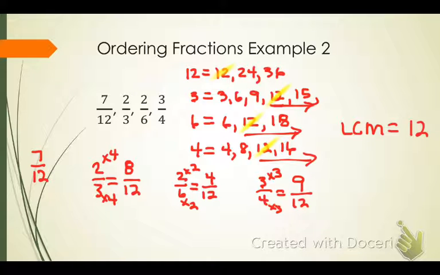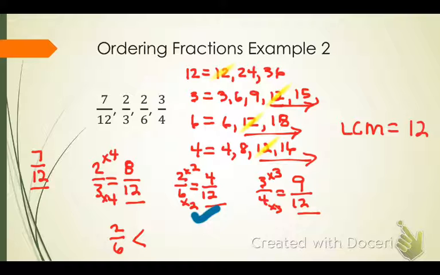Alright, so again I'm looking for the smallest. I'm comparing 7/12, 8/12, 4/12, and 9/12. Obviously 4 is the smallest, and so that means I'm going to start off with 2/6. Remember, always go back to your original fraction. Okay.